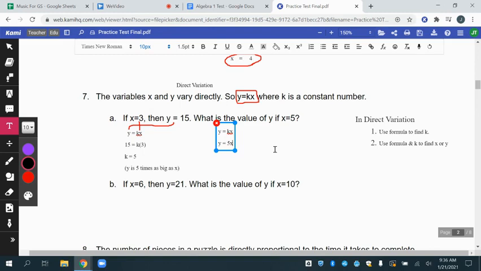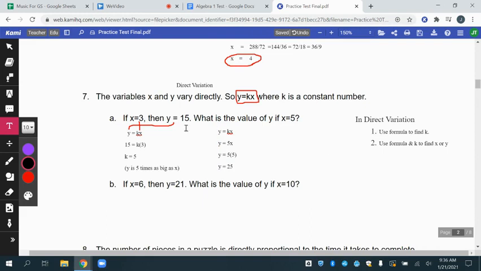We want X to be 5. So Y equals 5, which is K, times 5, which is X. Then Y equals 25. That's the steps involved.